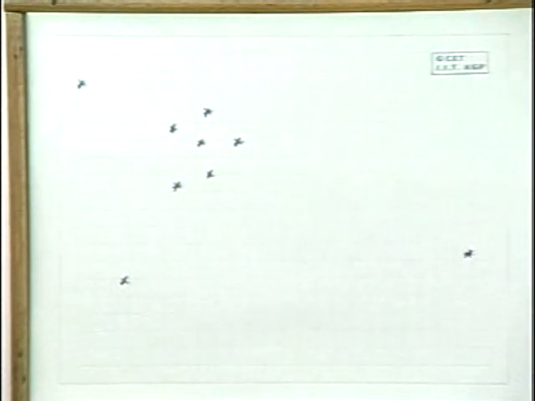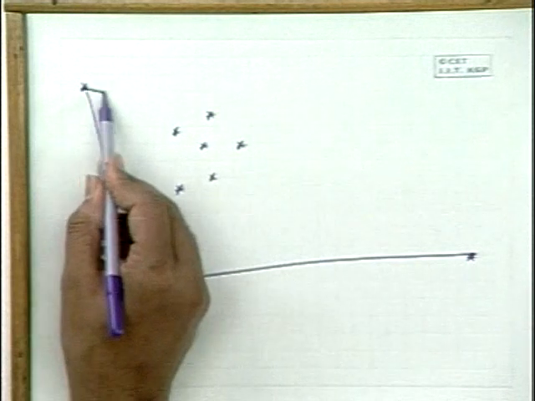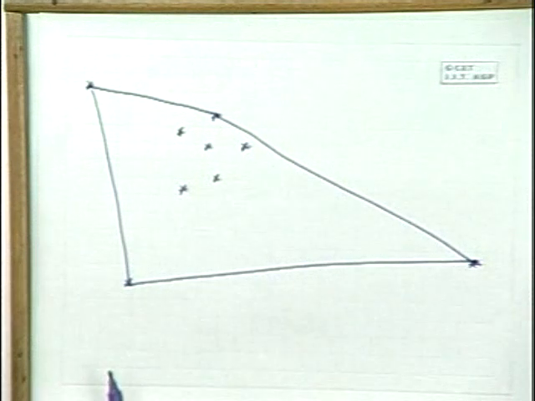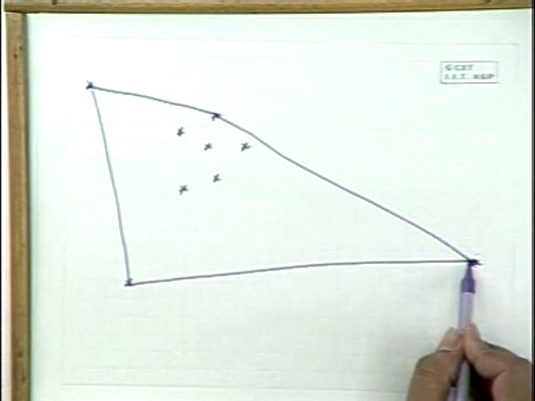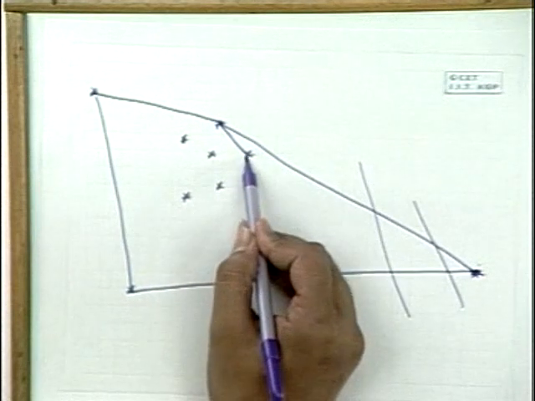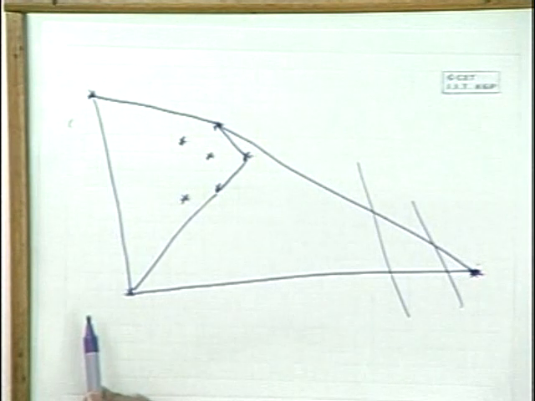For this one, I join this and this, the convex hull I am drawing is this. If this point was not there in the point set, then the convex hull would have taken this, probably this and this. So whether a point is there or not may make a lot of difference in the convex hull configuration.